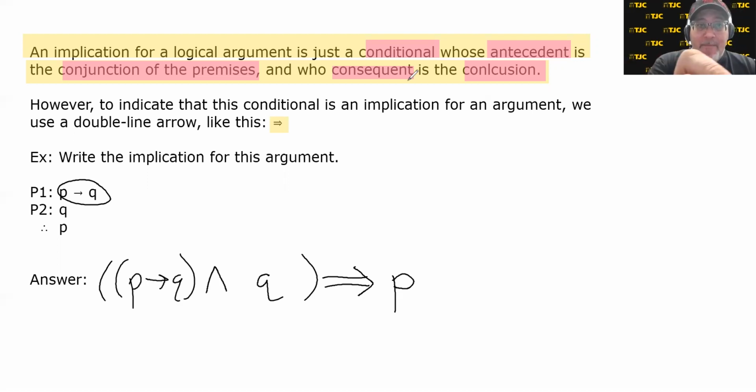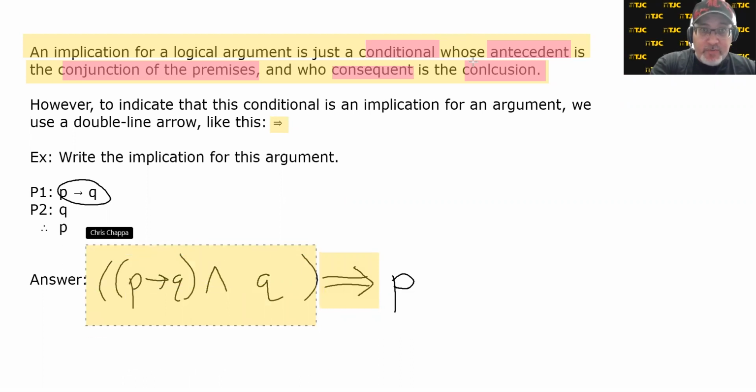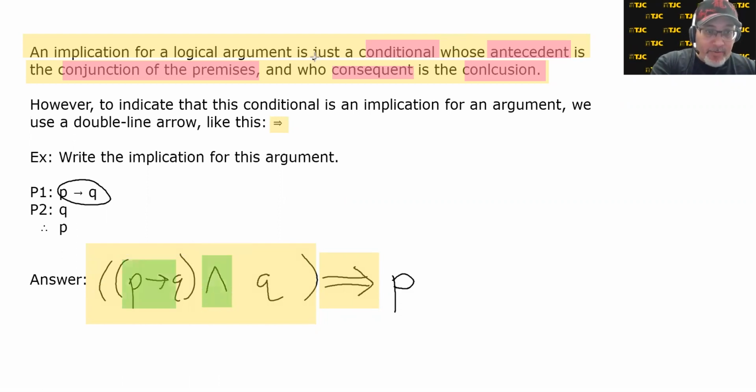But it's really not that bad when you look at it, because it is just a conditional whose antecedent is the conjunction of the premises, and whose consequent is the conclusion of the argument.